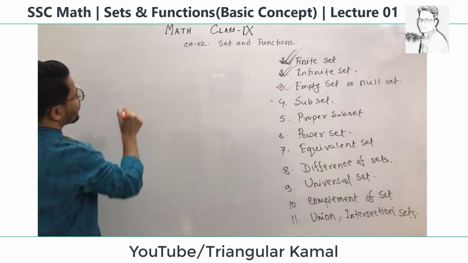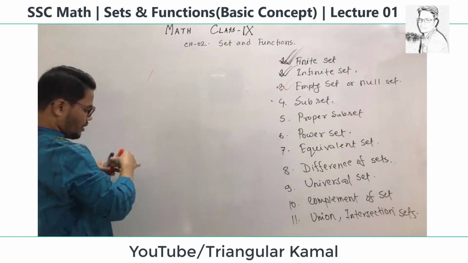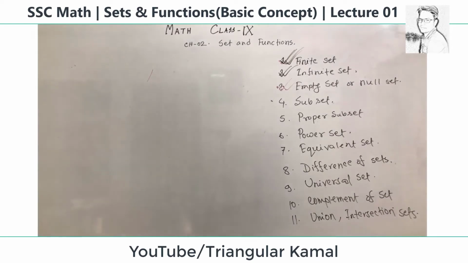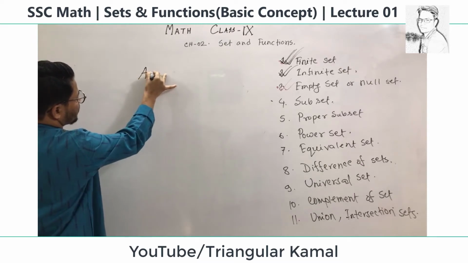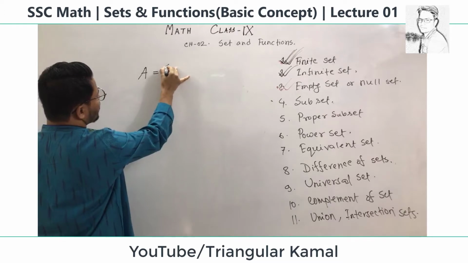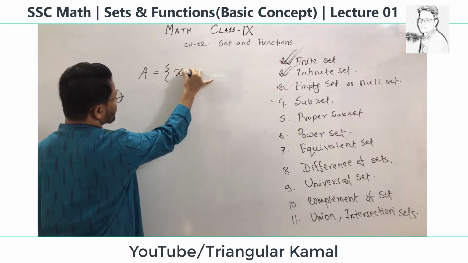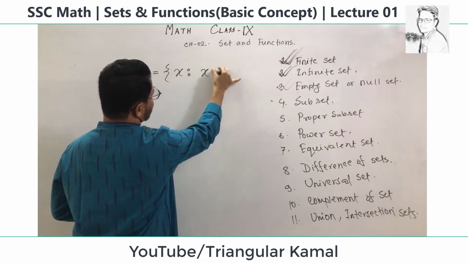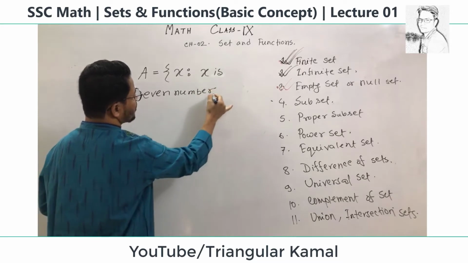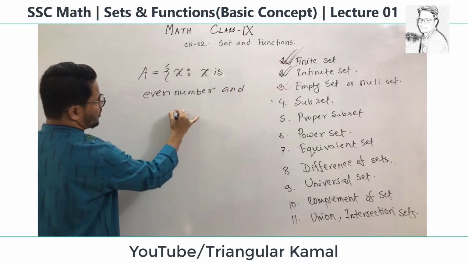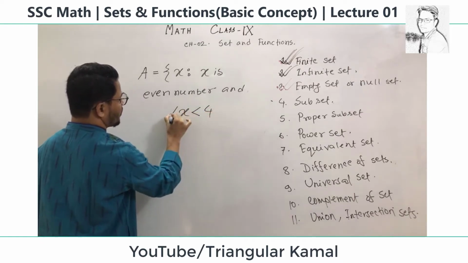Let A be a set whose elements we can identify as X, where X is an even number and X is smaller than 4 and greater than 2.